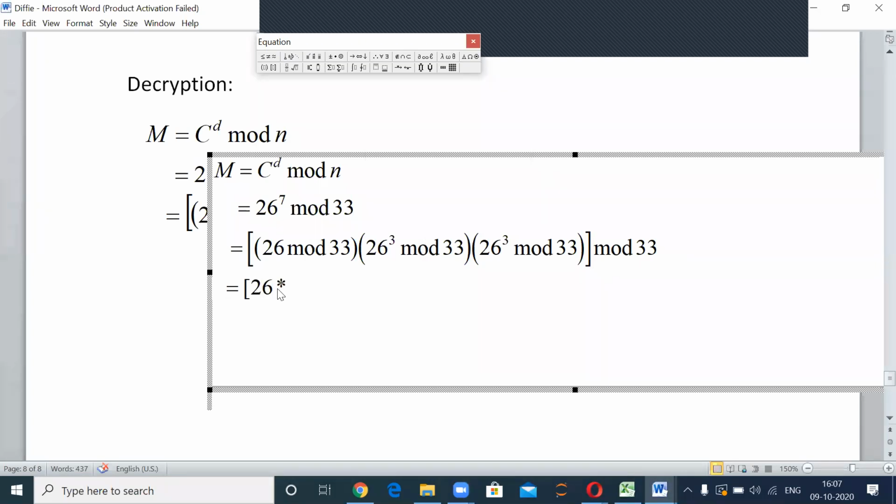Into 26 cubed. We have to perform 26 into 26 into 26 three times. That is nothing but 17,576. 17,576 divided with 33, what is the remainder?